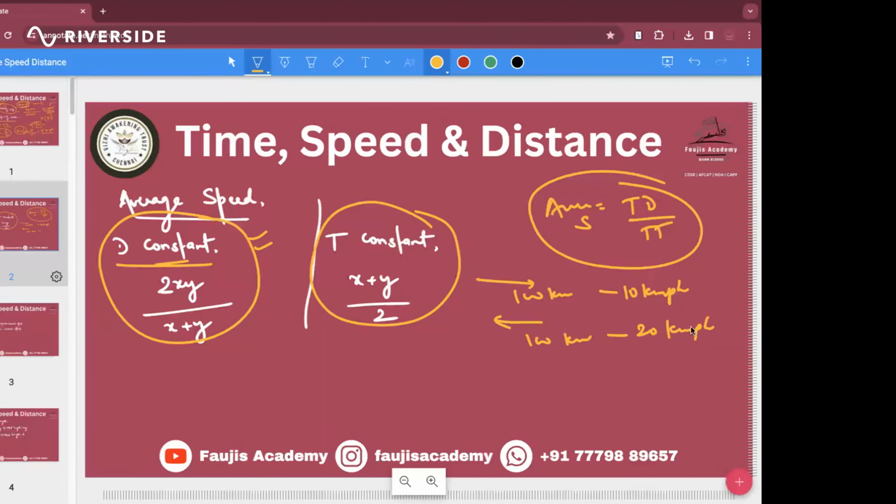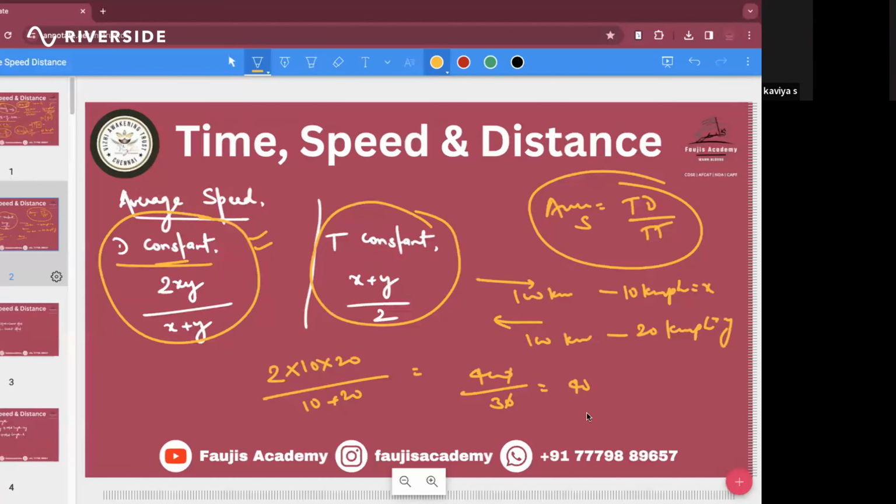In that case, the average speed is twice into, these are X and Y, 2 into 10 into 20 divided by 10 plus 20. That means 2 into 200, 400 divided by 30, which is 40 by 3.